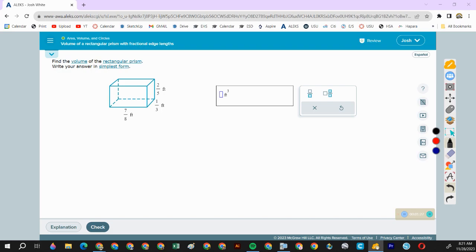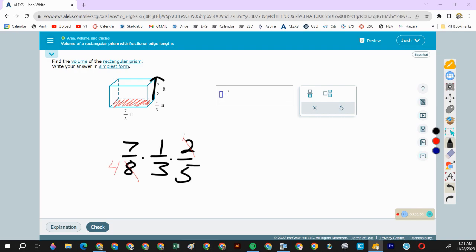So here, the area of the base is 7/8 times 1/3, and that gives me this area. And then if I want the volume, I just multiply it by the height, which is 2 over 5. And then I can do some simplification here. 2 goes into 8 4 times.